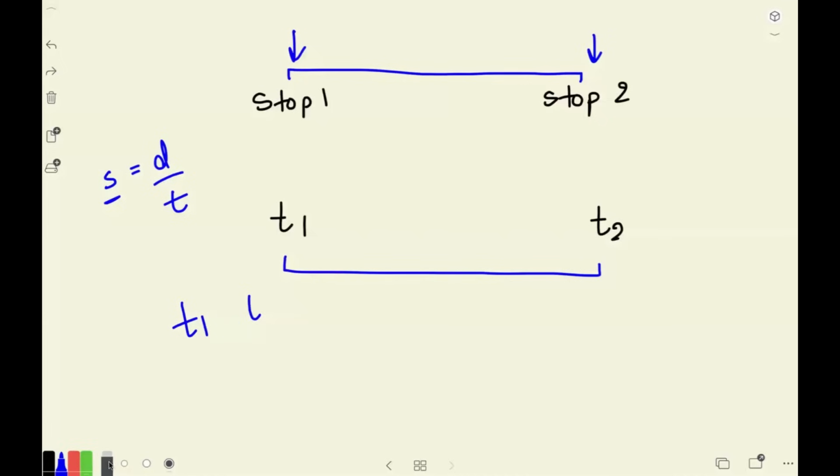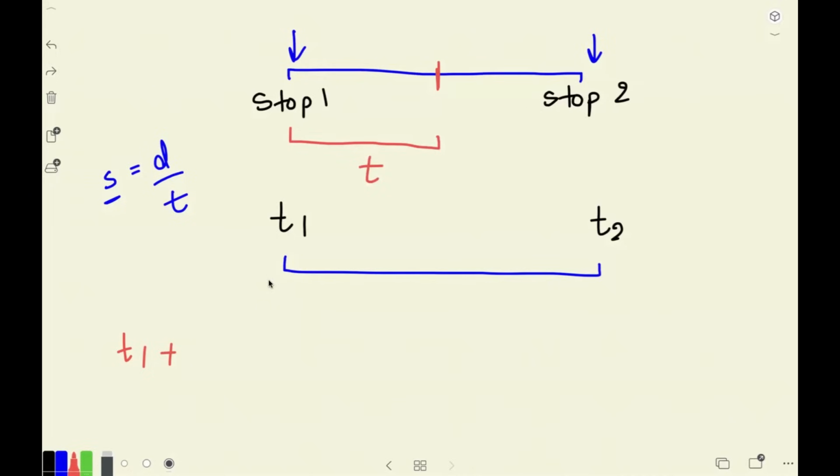Now, what if I asked you about some point on this number line in the middle part, let's say somewhere over here? Naturally your answer would be T1 plus something. So the time taken to reach stop 1, that's obvious. Now you also need some time, let's call this time T, to cover this distance.